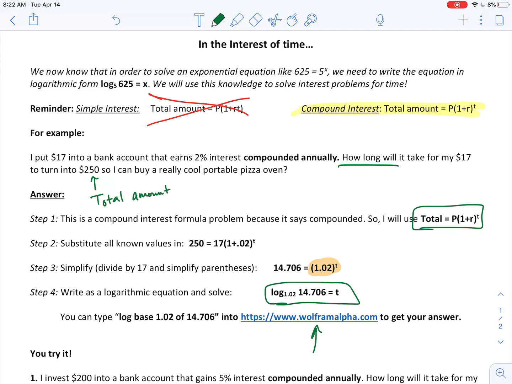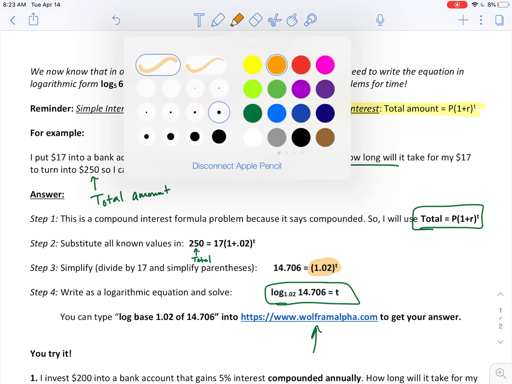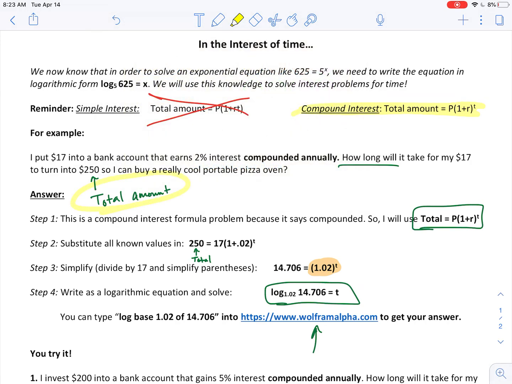Now, I've left you a link here that you can use, and I would definitely suggest using that link. You can type in, log base something of something else, and it will give you a really nice decimal very quickly, much quicker than you could do it on a calculator. So this is a compound interest formula problem, as all of them are.